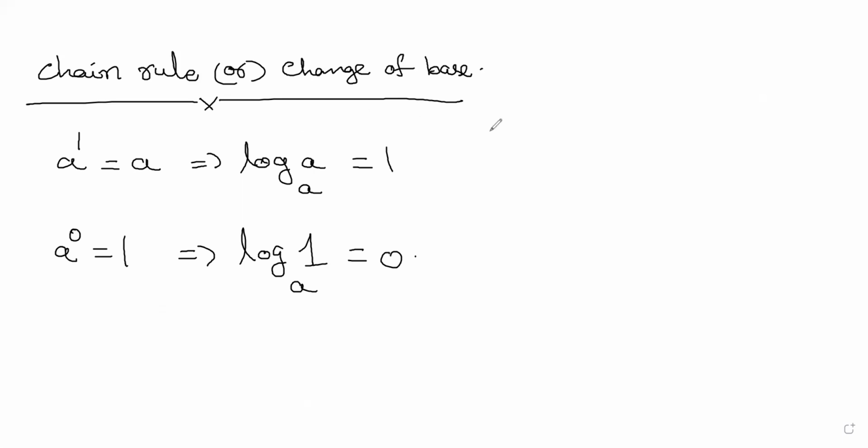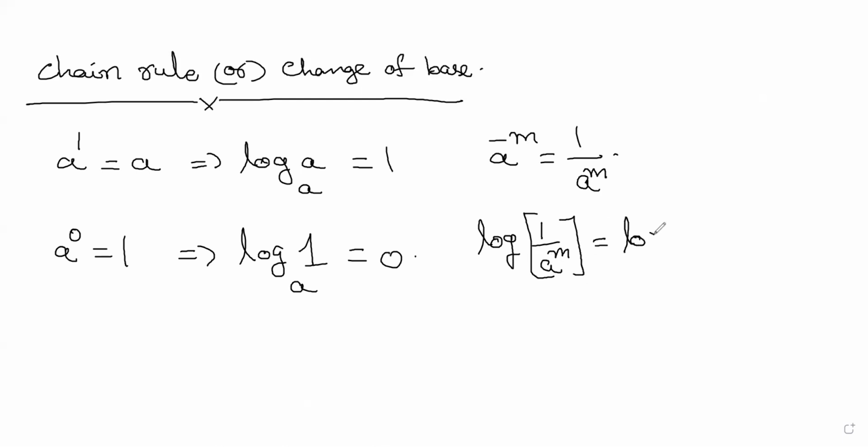Now, apart from this, you know that a power minus m is 1 by a power m. So, log of 1 by a power m, suppose you have like this. That means log of a to the power of minus m to the base b. So minus m will multiply over there. So minus m log a to the base b.